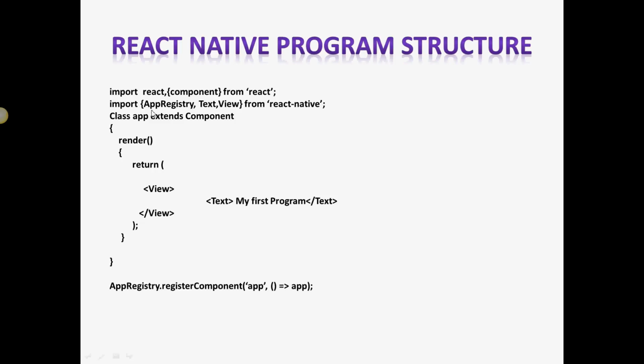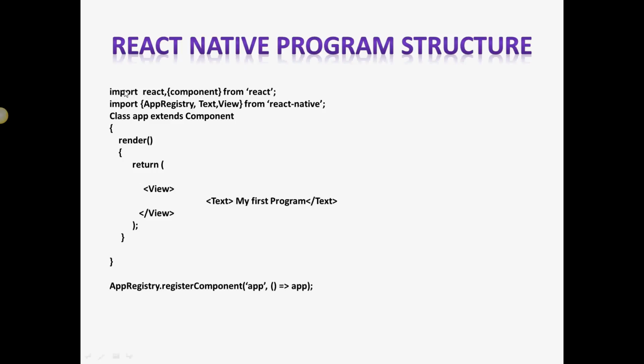In the next step, we will be importing only the UI elements that we require. Suppose I just want Text and View to be used in my program. So I am importing Text and View from React Native. These are the elements from React Native, and AppRegistry is very important because for every class or component that you create, you have to register it.